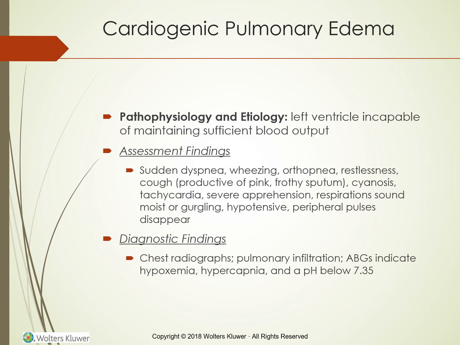While the body responds with arterial vasoconstriction, it may temporarily sustain adequate blood pressure. However, the client eventually becomes hypotensive and peripheral pulses disappear. Chest x-rays show pulmonary infiltration with fluid. ABGs indicate severe hypoxemia, which is a low PaO2, hypercapnia, which is a high PaCO2, and a pH below 7.35.